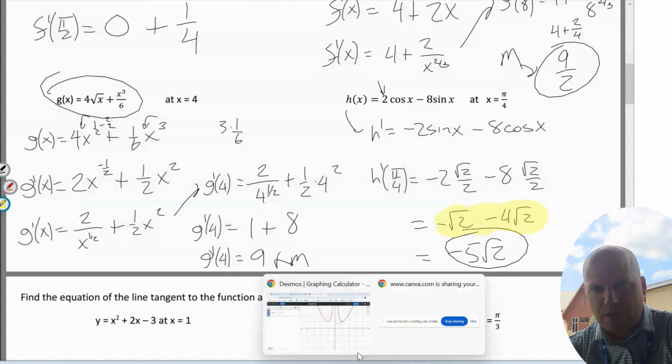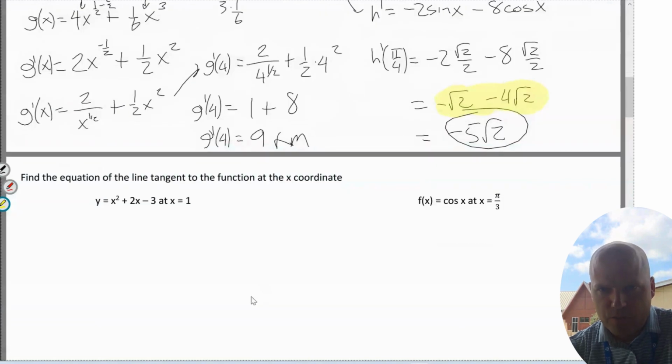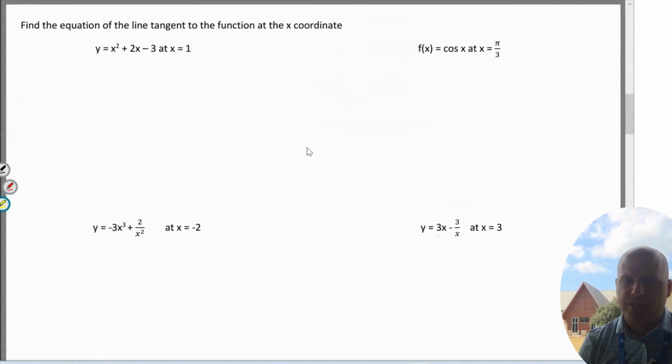Now let's do some fun stuff, because we can do the visuals: find the equation of the line tangent. Okay, well, a tangent line is just first of all a line. The equation of a line is y minus y1 equals m times x minus x1. The only thing is that this is not just any slope, it's a tangent slope.